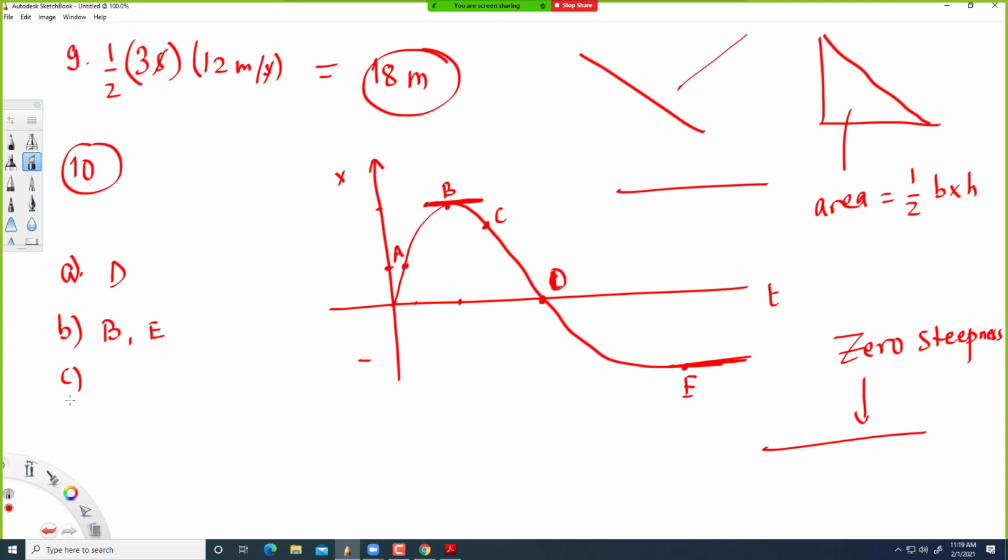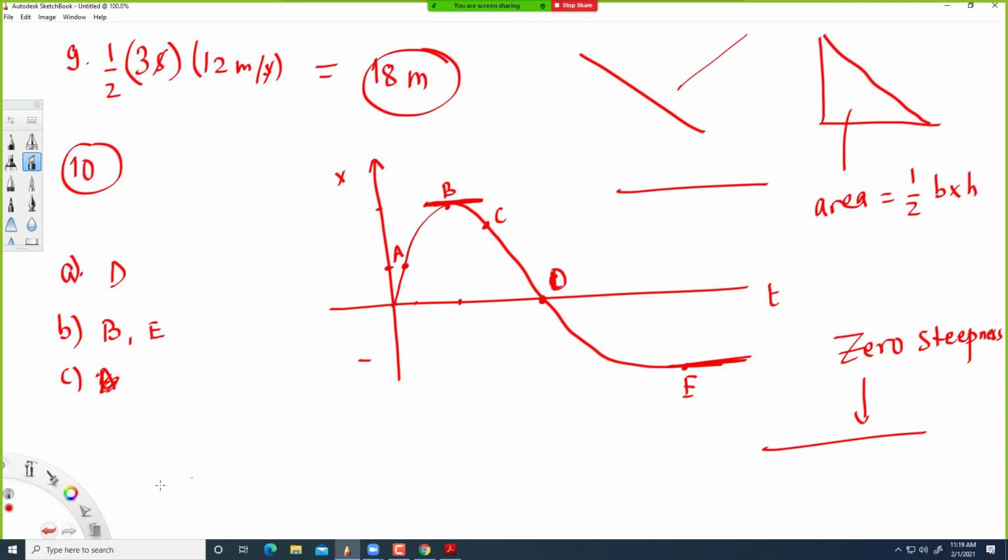Speed is increasing, or steepness is increasing. At what point is the steepness increasing? A, yeah. Wait, steepness. No, not A. So along this curve, let me cross that out.